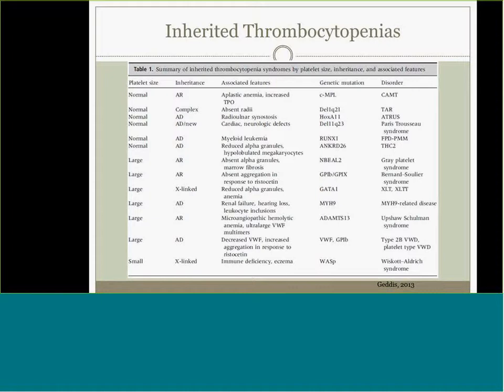Many of those may present in the neonatal period. Some of them don't present until late in life, because the thrombocytopenia may be variable. If you don't have cause to get a CBC in the newborn nursery, you may not pick this up, and they'll come to hematology with a 9-month or 1-year CBC when they're identified as having platelet counts of 80.